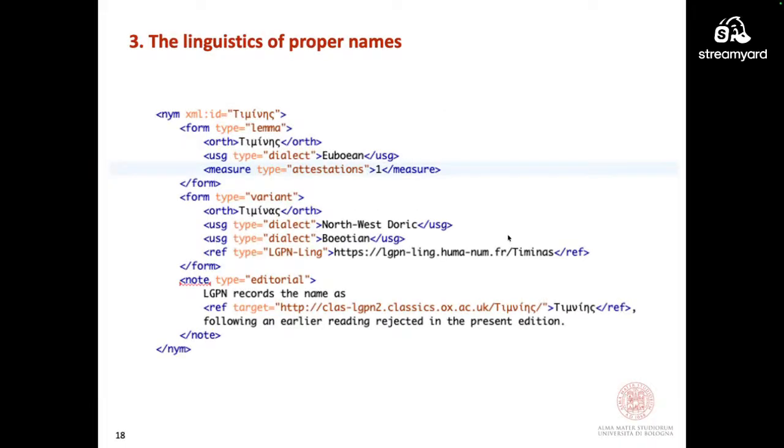So, for example, in this case, we can encode the geographical variation. This is a special case because this proper name, edited in the new edition as Timines, was previously edited as Timnies. But we know that there are two variants, and these are Timinas. Timinas is attested in Northwest Doric and in Boeotian.